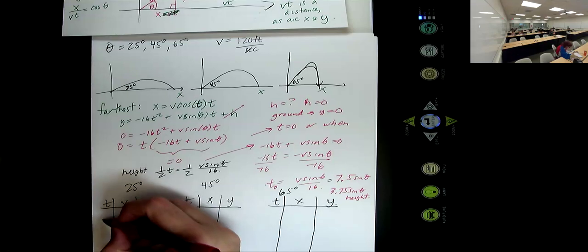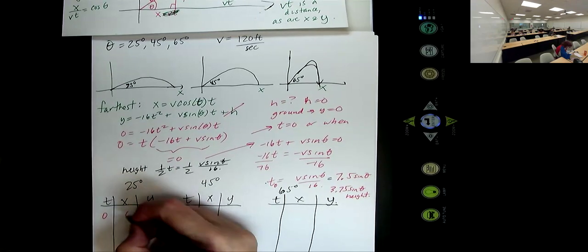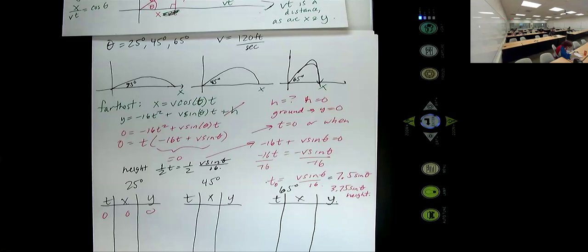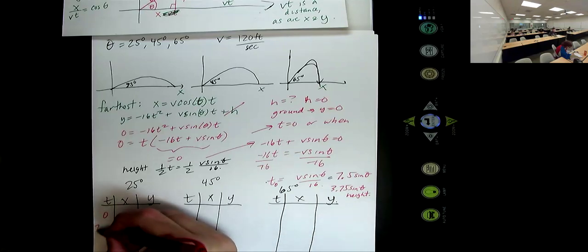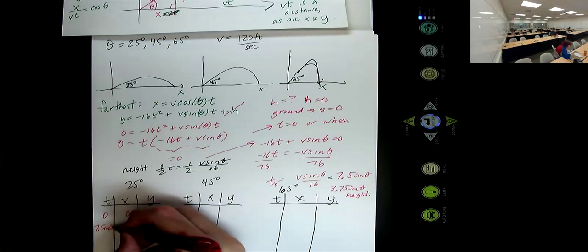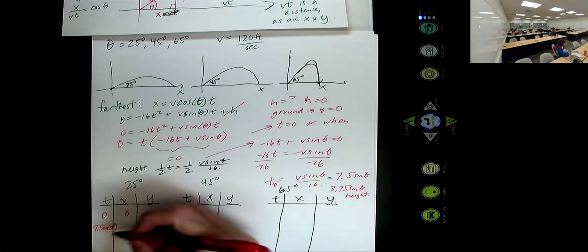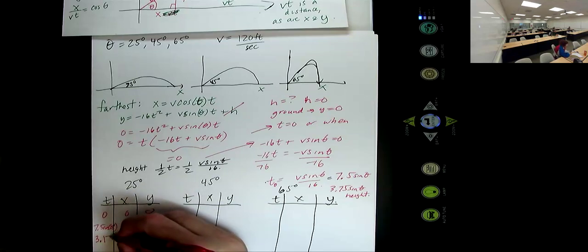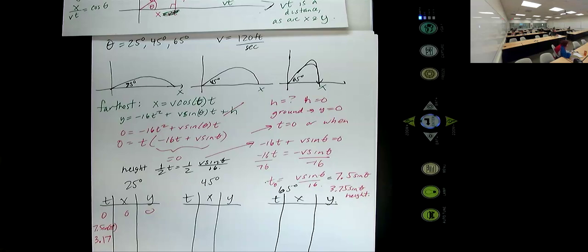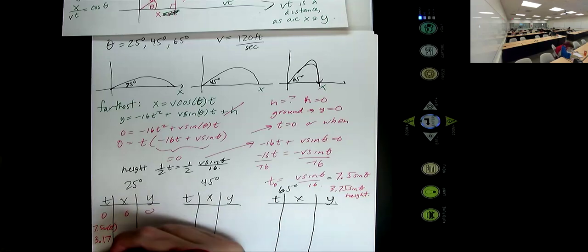For this one, we know 0 is 0. What is 7.5 sine of 25 degrees? 7.5 times sine, I hope I'm in degrees, I am. I'm going to say 3.17. And the other one we want to look at is half that, 1.58.